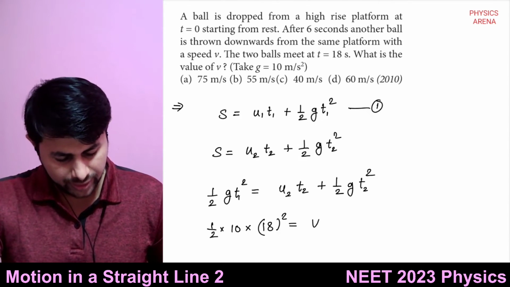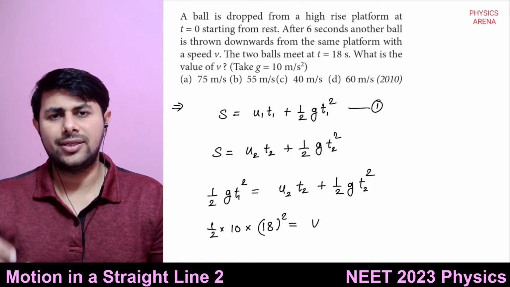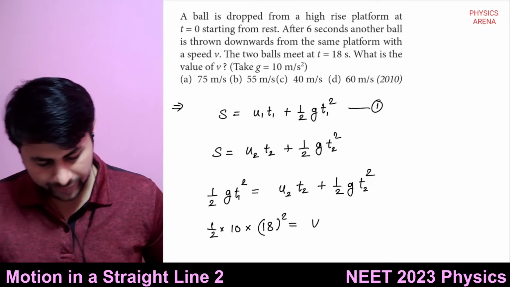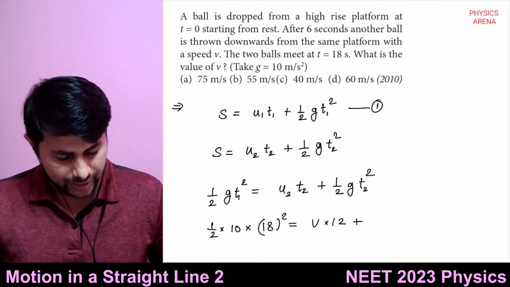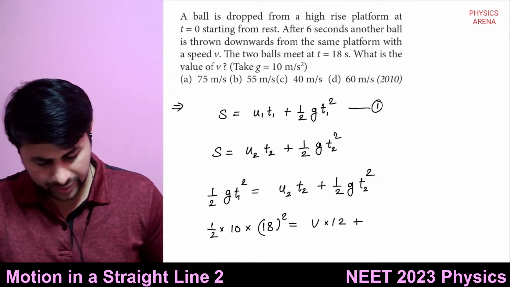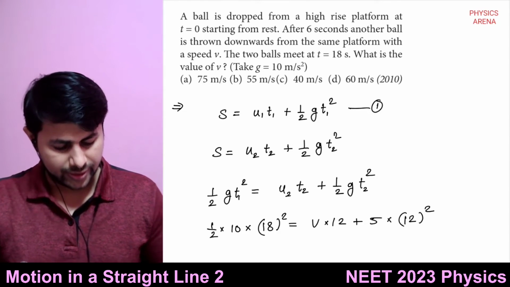So u2 is v multiplied by t2. Now the second ball is dropped after 6 seconds, so it is 18 minus 6, 12 seconds. So v multiplied by 12 plus half of g, which is 5, multiplied by t2 square, which is 12 square.